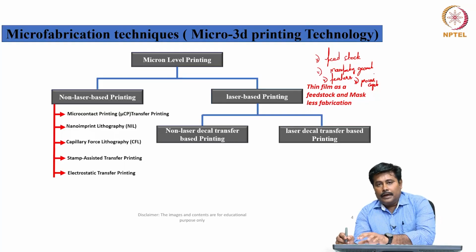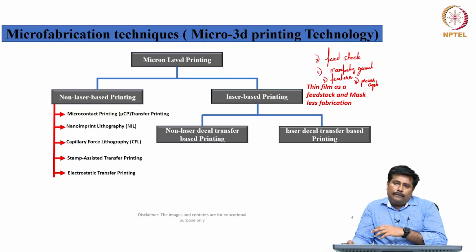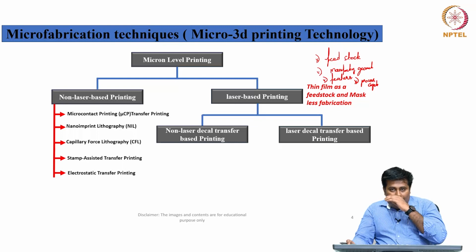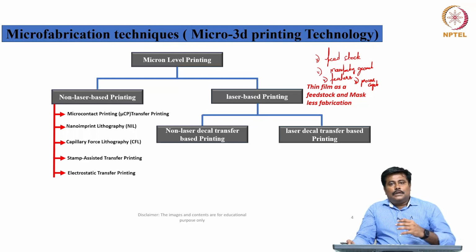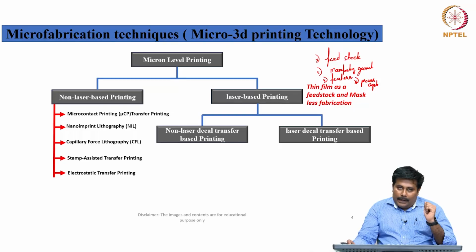These parameters are well established from a macro level point of view. However, there is a need to establish micro level 3D printing technology so that it has potential application in printing micro sensors, micro actuators, and micro features for different applications.